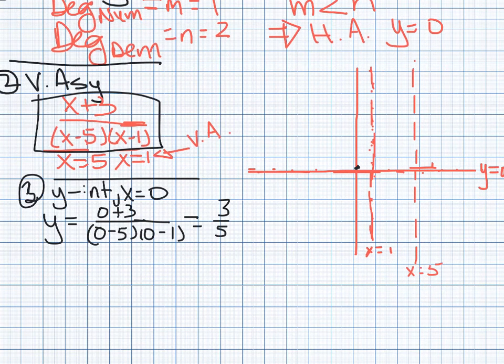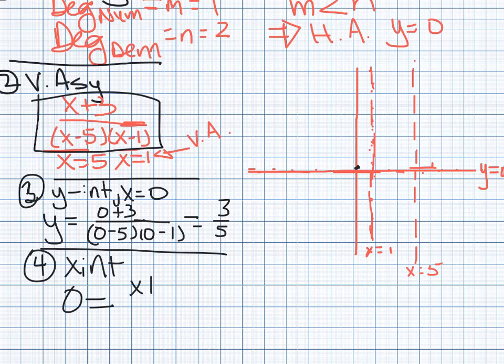Then, to do my x-intercepts, I'm going to put a 0 in for my y and solve for my x.